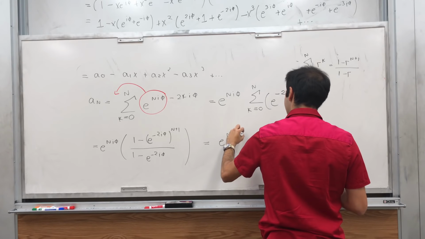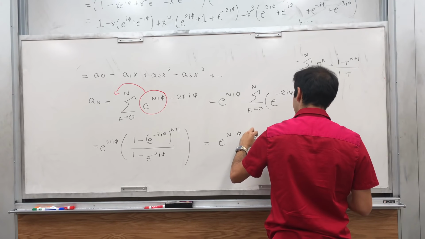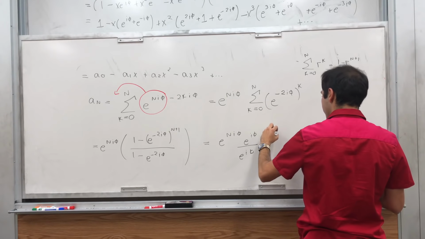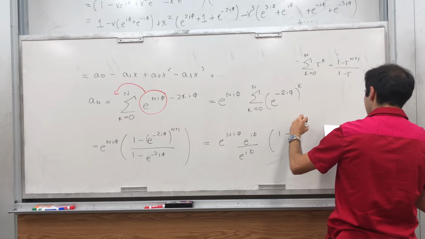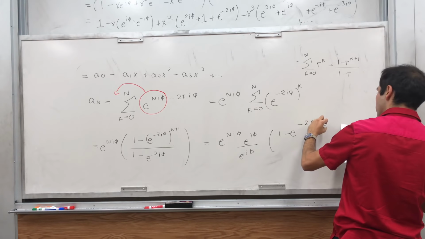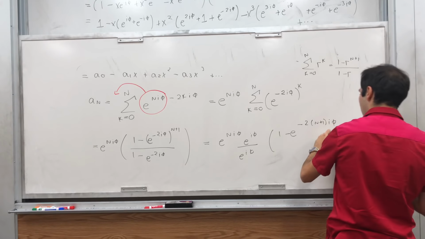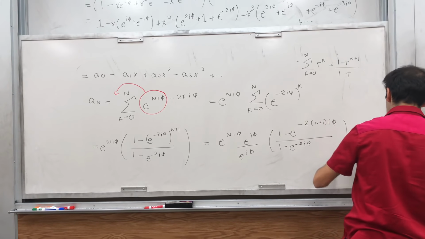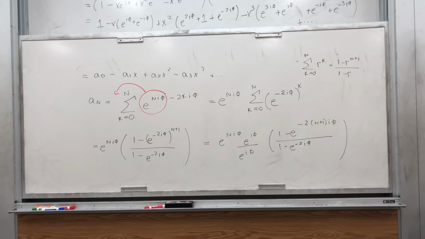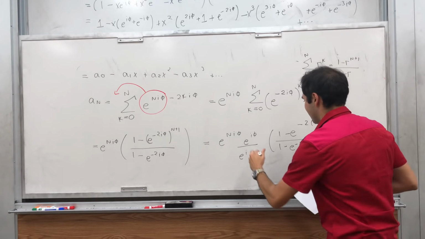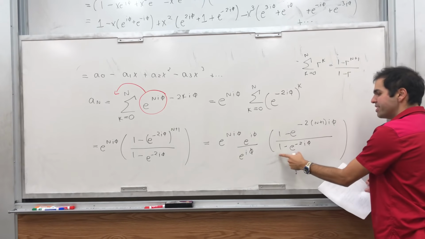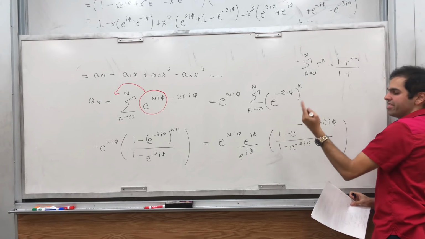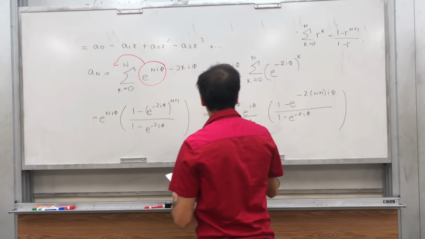So it's e to the n i phi times e to the i phi, and then e to the i phi times this term here, so 1 minus e to the minus 2(n plus 1) i phi, over 1 minus e to the minus 2i phi. You'll see the denominator is simplified quite nicely, and using this, the numerator will also be simplified quite nicely.